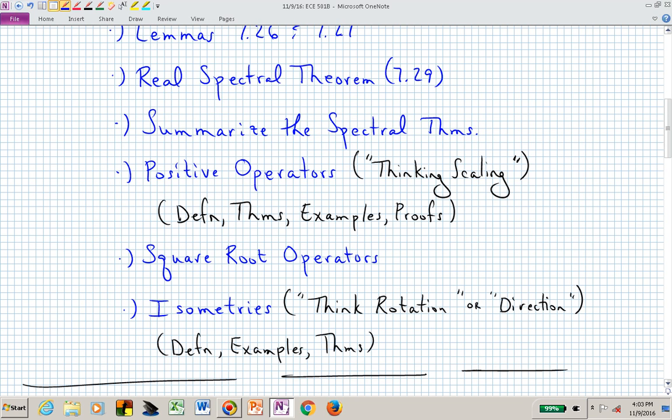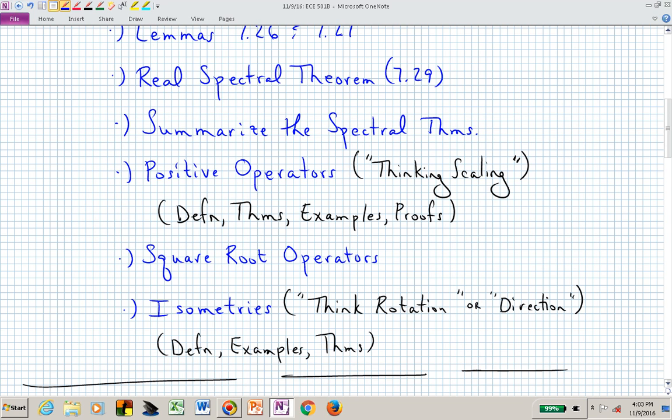We'll talk about square roots of operators, and then we will talk about isometries, which are now rotations or directions. And that means then that if we can take a linear map and show how it expands or contracts and rotates in all the different directions, that's how we want to be thinking about decomposing a generic operator or map.